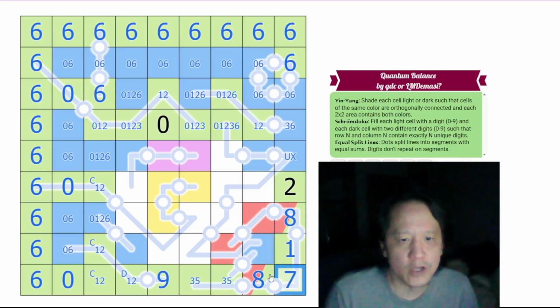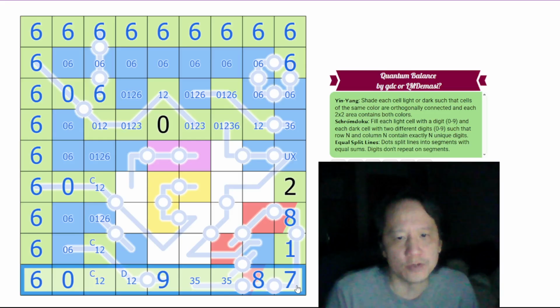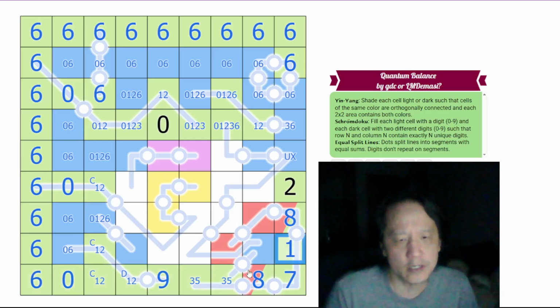Okay. We have all 9 unique digits in row 9. This is 1. We don't know what combination that is. This must add up to 3 or 5. So this digit is some... Okay, it cannot be 0, 1, 2.